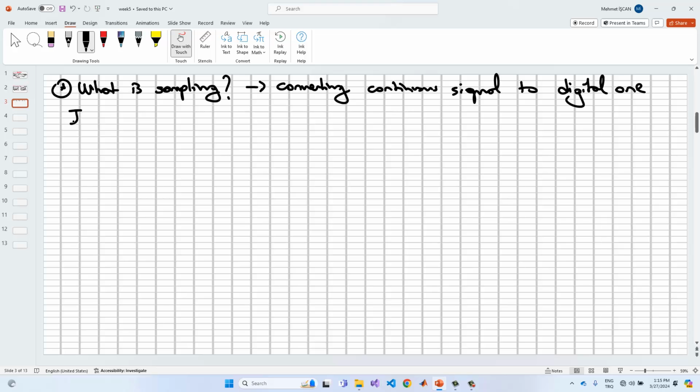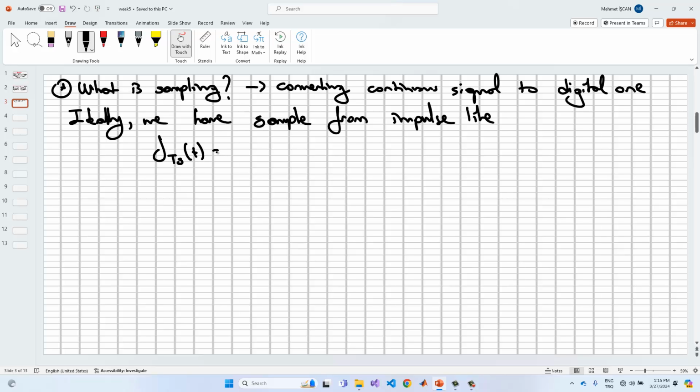So, ideally, we have a sample from the impulses. What is impulse? Have you heard of it? What's the meaning of the impulse?